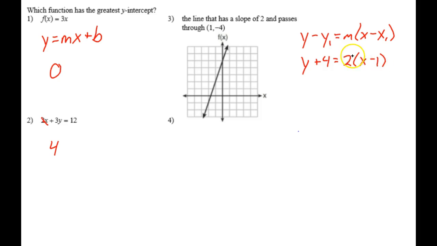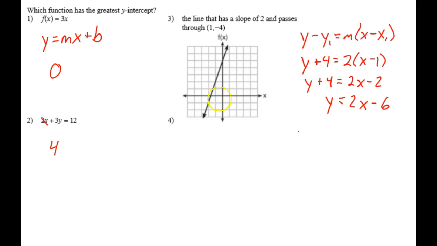Now simplifying this right side, I have 2x minus 2, so y plus 4 is equal to 2x minus 2. Next step would be subtract 4 to the other side. So y equals 2x minus 6. So this one has a y-intercept of -6. So far that is the least, but we're not looking for the least this time, we're looking for the greatest.